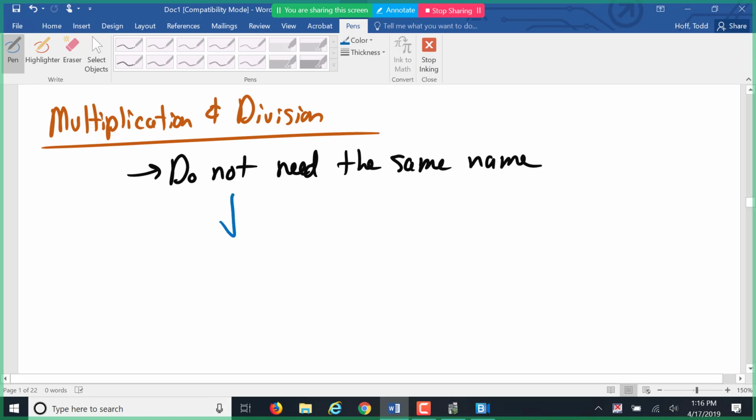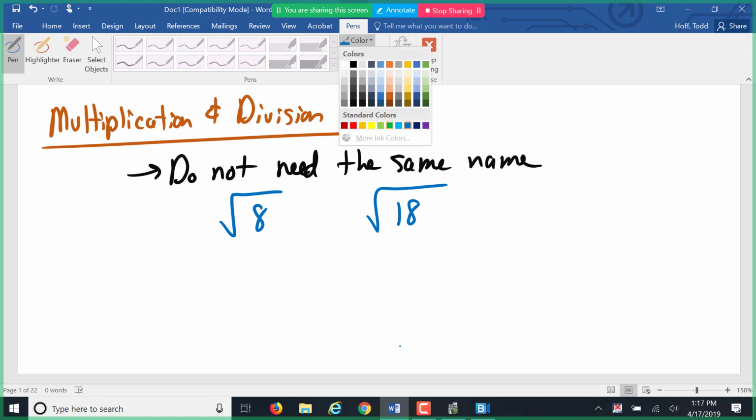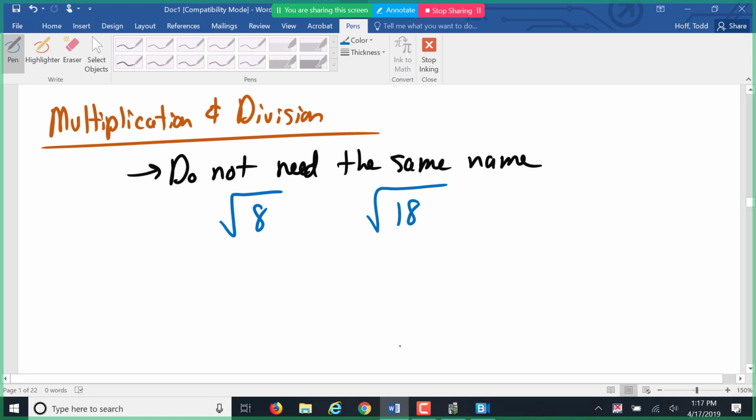Well, that means the square root of 8 and the square root of 18, even though they have different names, I can multiply them. The fifth root of 4, the fifth root of 8, even though they have different names, again, I can still multiply those.